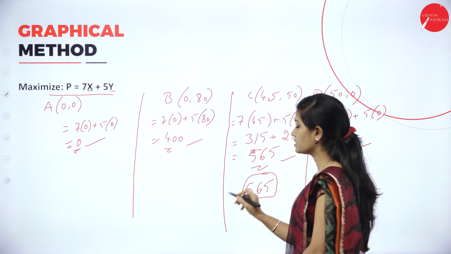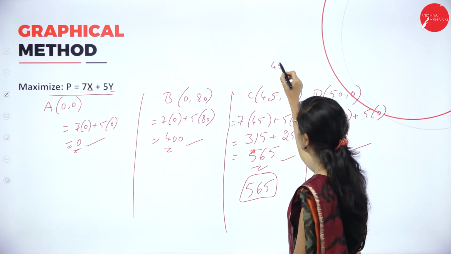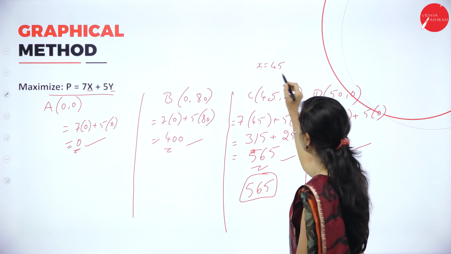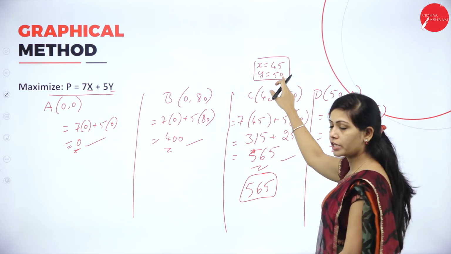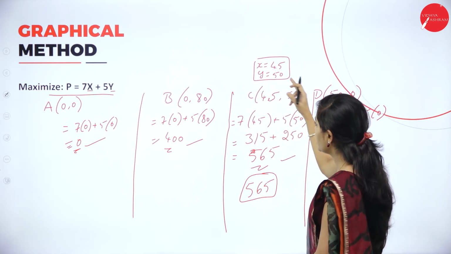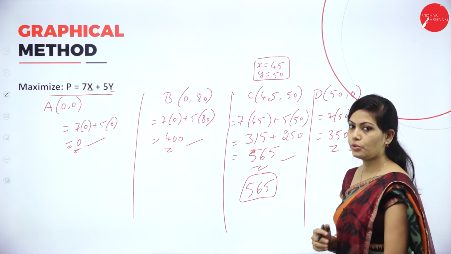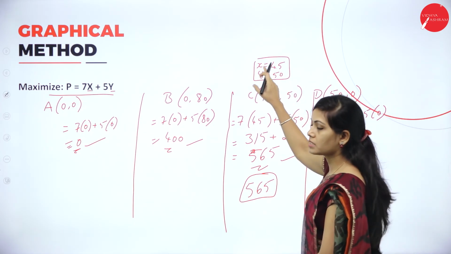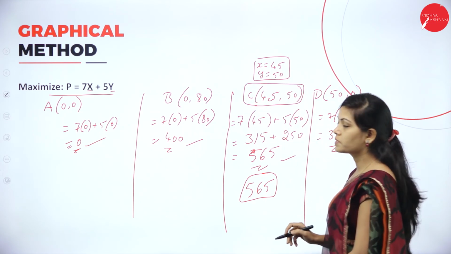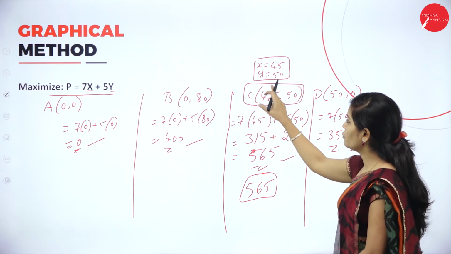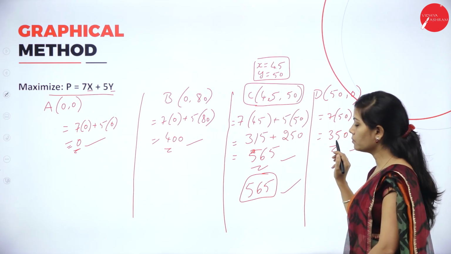From x is equal to 45 and y is equal to 50, we got the highest value. So from point C, where x is equal to 45 and y is equal to 50, we got the maximum value.